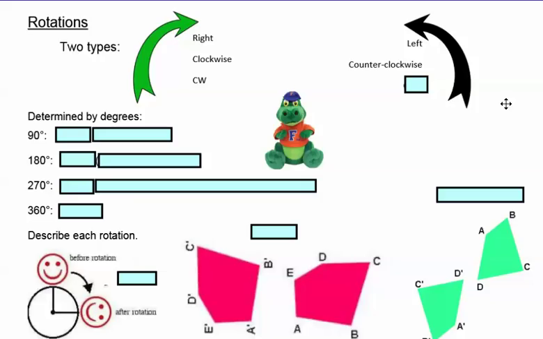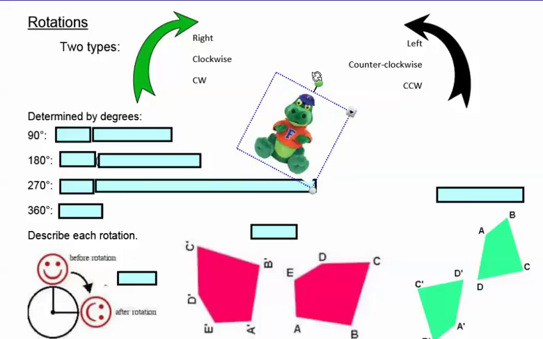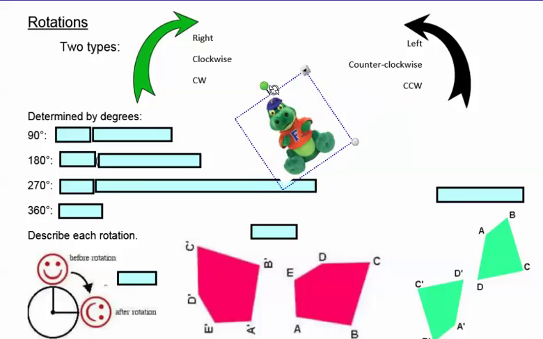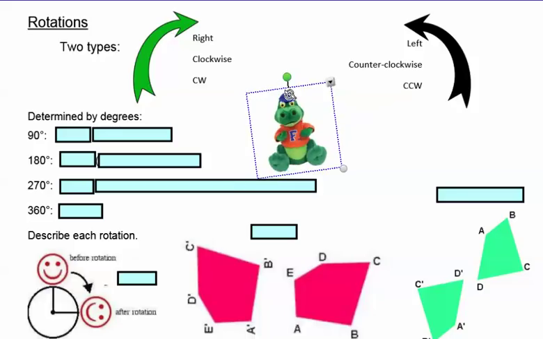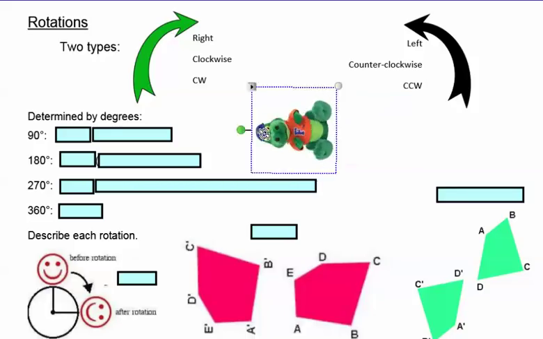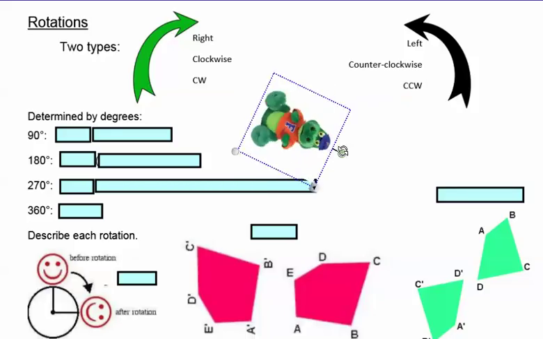It's the opposite of going clockwise. We abbreviate that as CCW. So counterclockwise is to the left, and clockwise is to the right. If I rotate Albert to the right, that's clockwise, and if I move him to the left, that's counterclockwise.